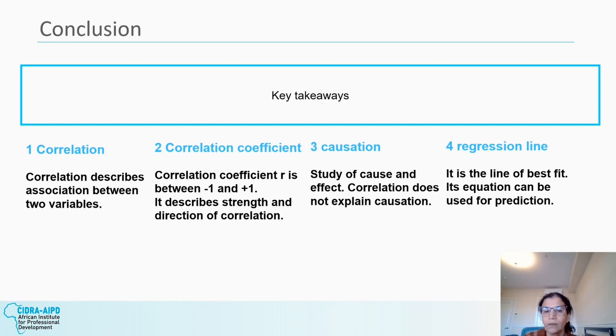The study of cause and effect is causation. It is not explained by correlation. Correlation does not explain causation. For causation, we have to do a line of regression. It is the line of best fit and its equation can be used for prediction.